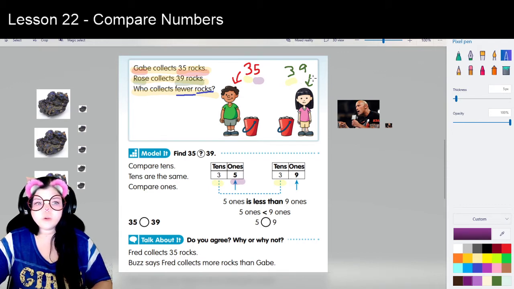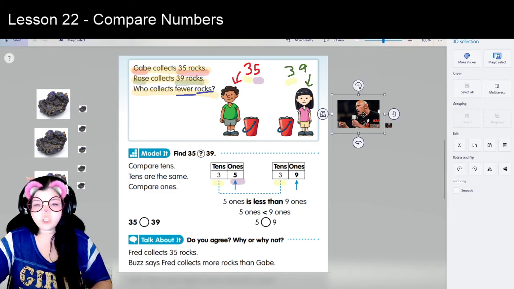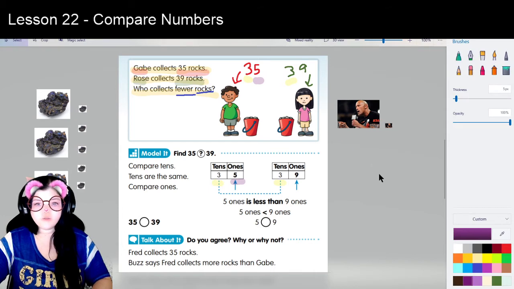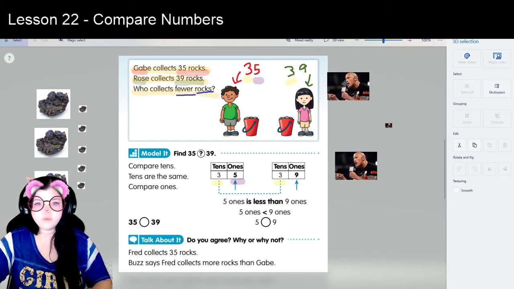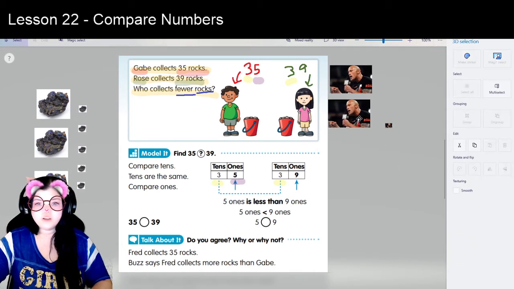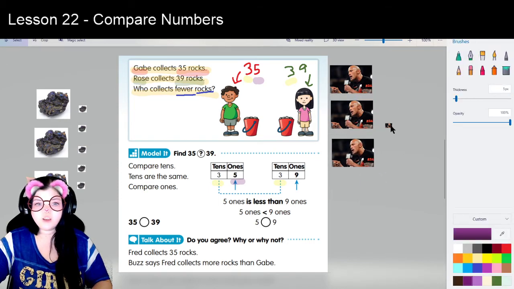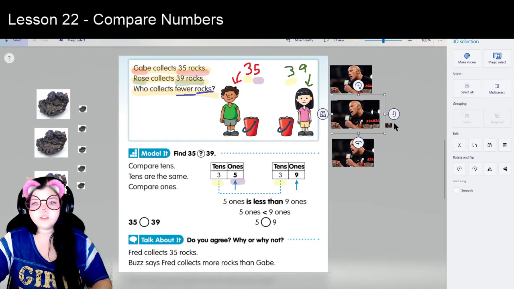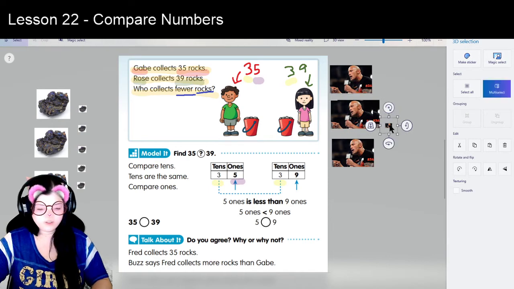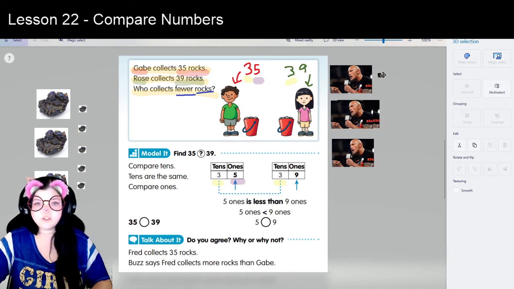Then we know that Rose had 39. So she also has 3 groups of 10. The bigger rock is the tens, 3 groups of tens, and 9 ones.